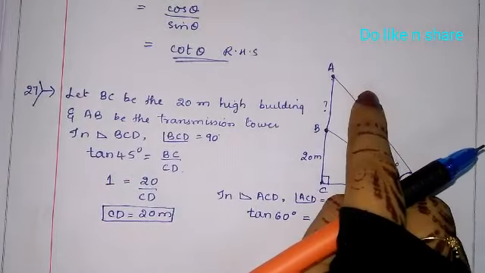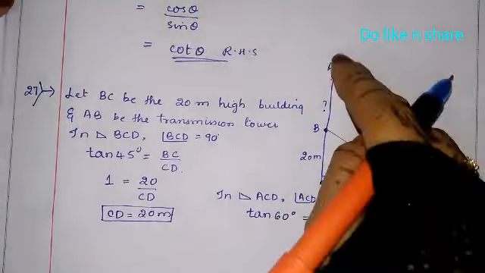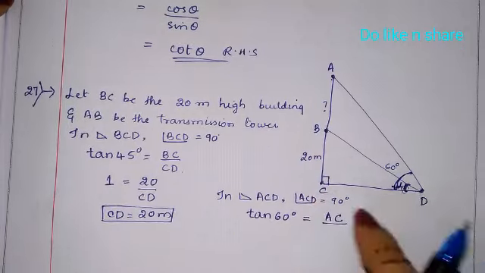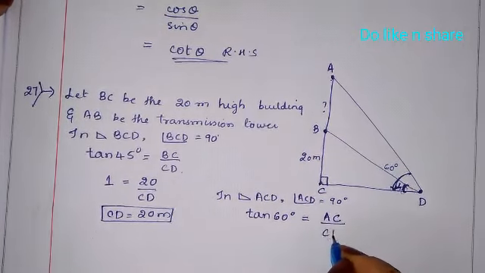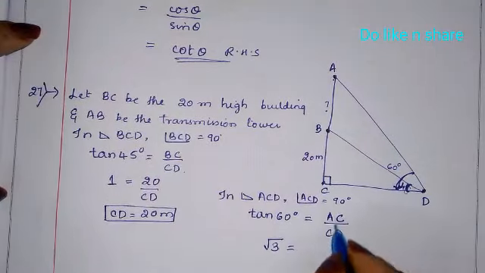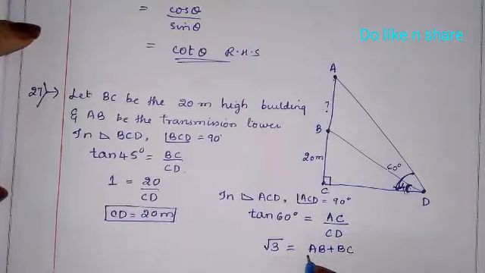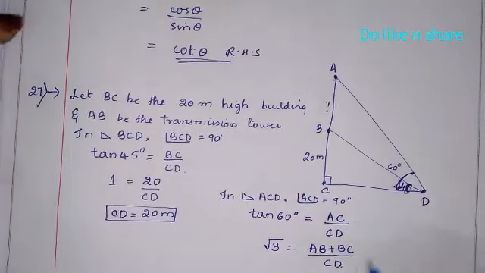In sine and cos hypotenuse will come. So tan 60 degree is equals to AC by CD. Tan 60 is √3. AC is nothing but AB plus BC. So AC is AB plus BC upon CD.